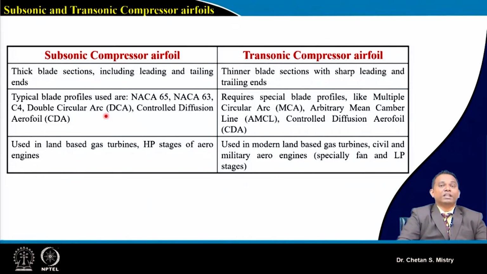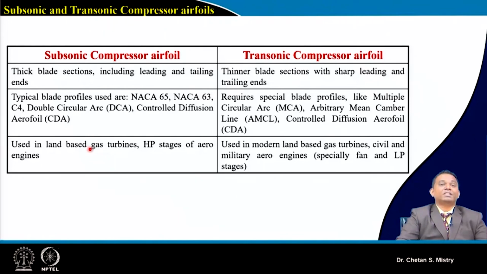We use the C4 aerofoil, NACA 65, NACA 63 aerofoil, and CDA or controlled diffusion aerofoil for subsonic configurations. When we move to the transonic compressor, we look for double circular arc aerofoils, multiple circular arc aerofoils, arbitrary mean camber line aerofoils, and controlled diffusion aerofoils.